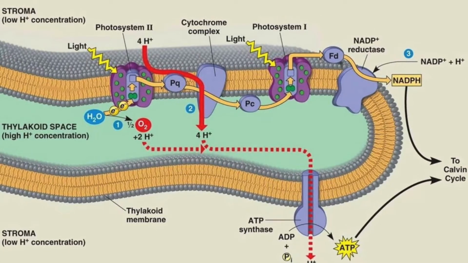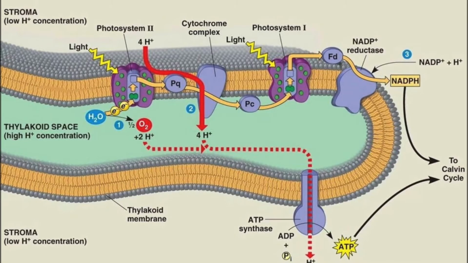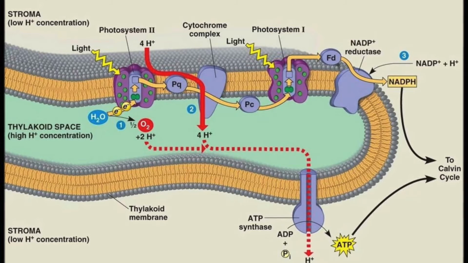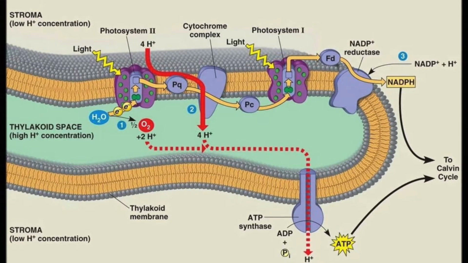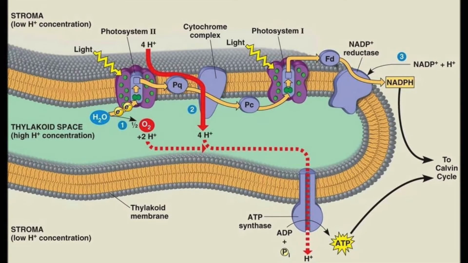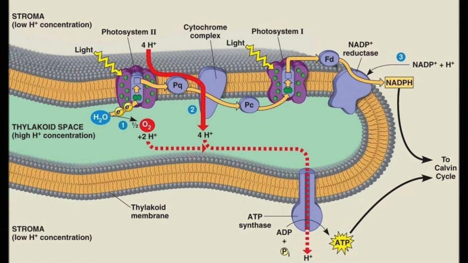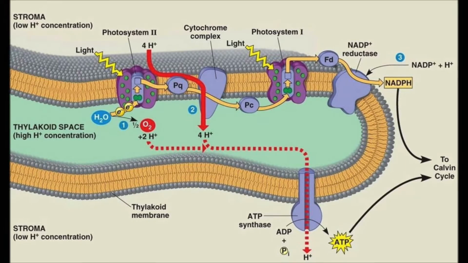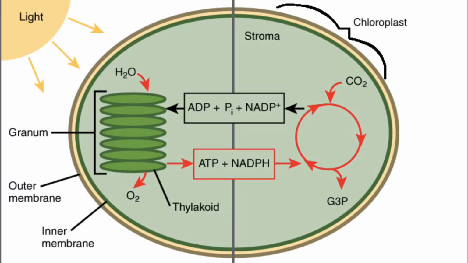As the electrons go through these carrier proteins, they eventually go to NADPH. However, to make NADPH in the first place, NADP+ reductase must be used to turn NADP+ into NADPH.